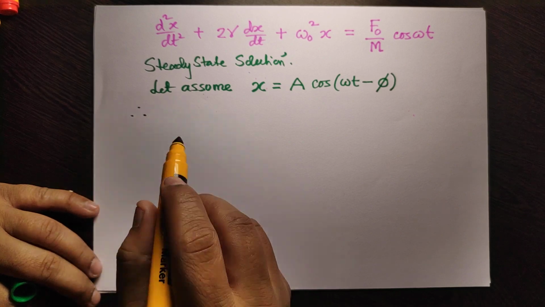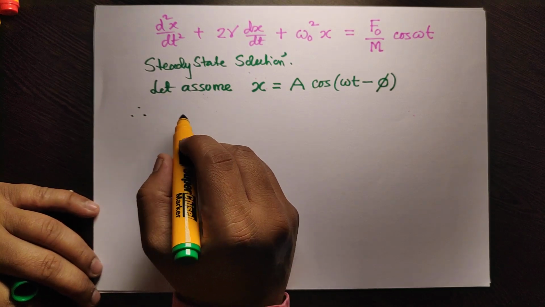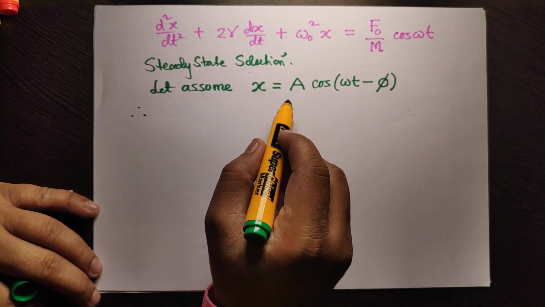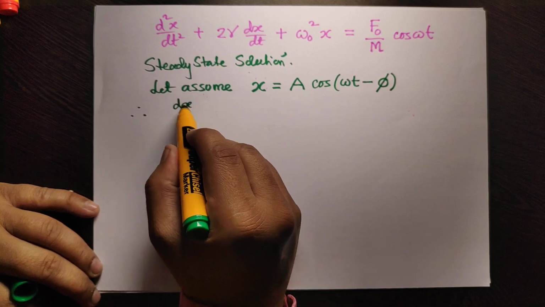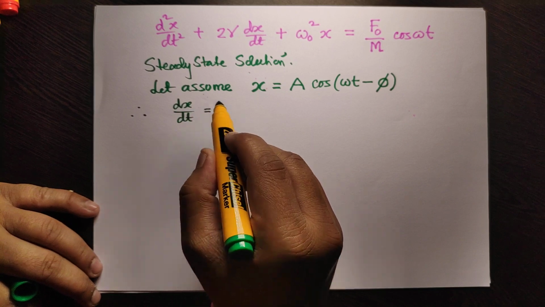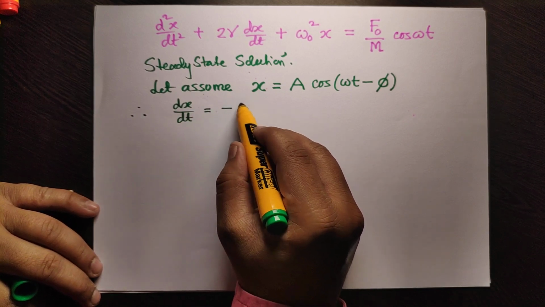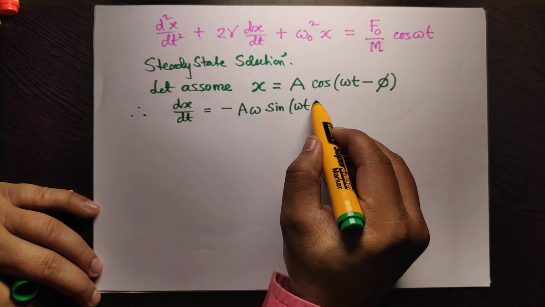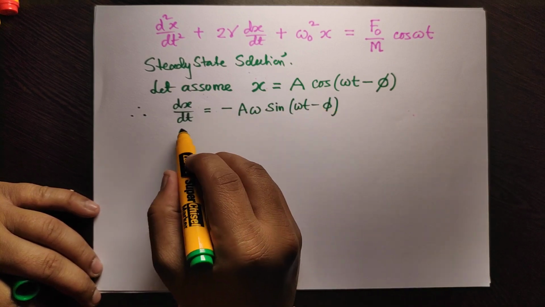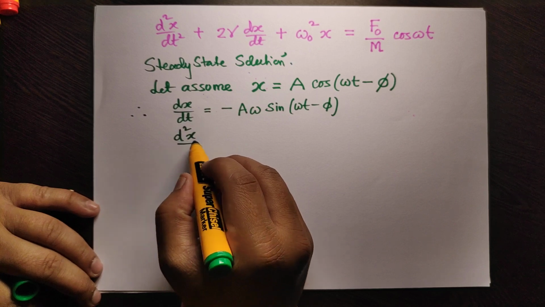So therefore, dx dt will be how much? Differentiate it once, you get minus a omega sine of omega t minus phi. Now we will differentiate it again.